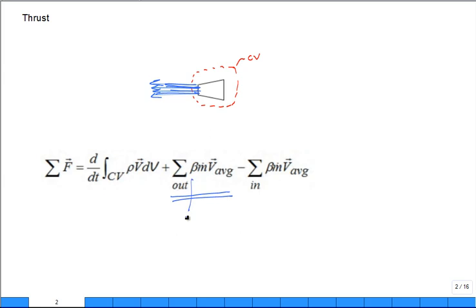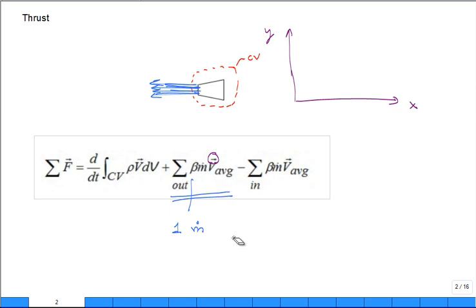We'll put the beta equal to 1, and it's equal to the mass flow rate times the average velocity. Now, this is a vector entity, and so if our coordinate system is like this, x and y, it's in the negative direction for that velocity.